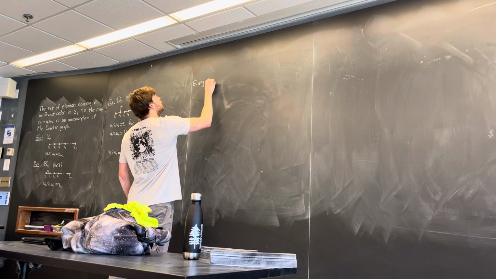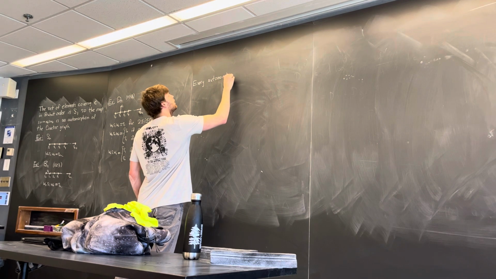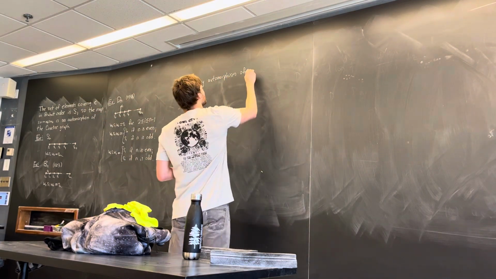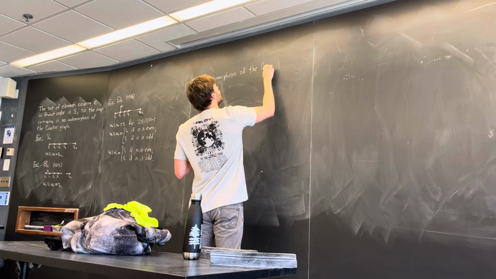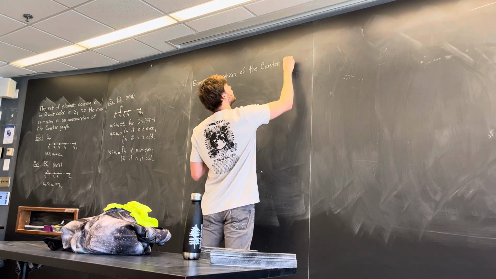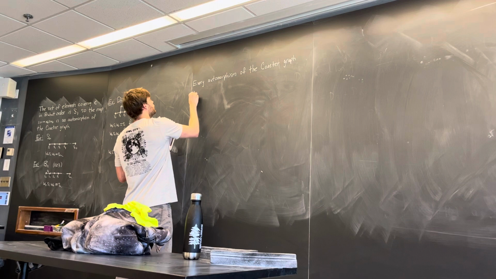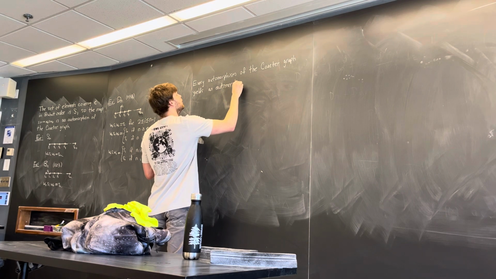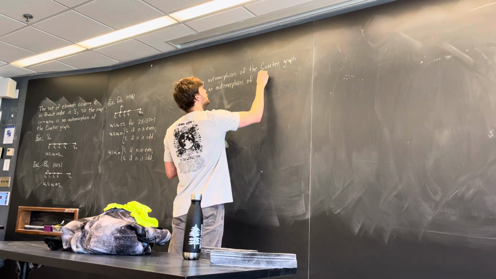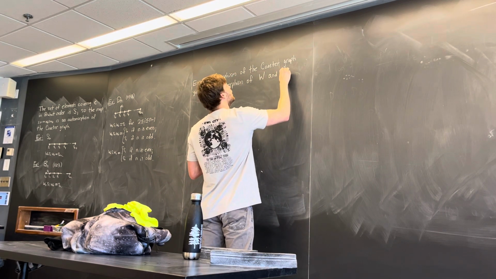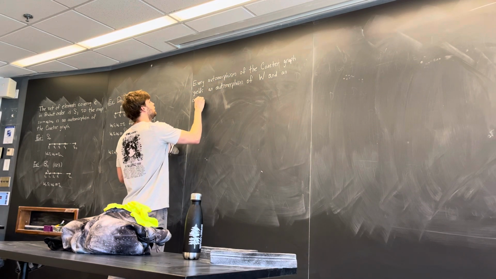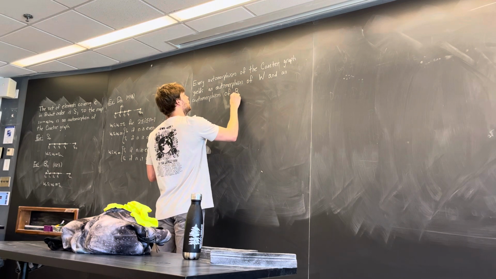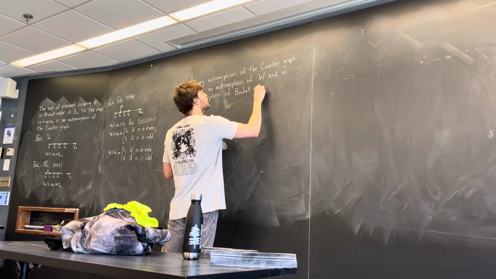Every automorphism of the Coxeter graph yields an automorphism of the Coxeter group and an automorphism of Bruhat order on W.